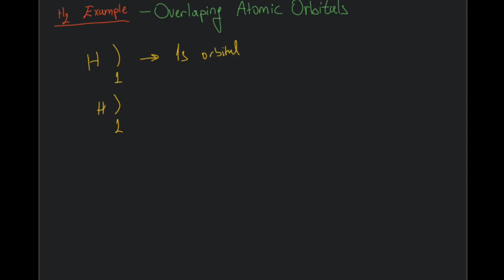What is the 1s orbital? The 1s orbital is something like this in XYZ space. It's a perfect sphere, and the electrons can occur in this sphere. This is the most probable place for the electrons of the hydrogen. So this is the 1s orbital.